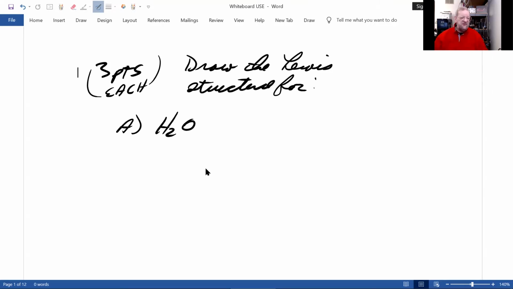And if you were to see it sometime on something I would send you called a test, it would say draw the Lewis structure for, and you'd say 3 points each, you'd see water. Well, I'm going to help you out. Hydrogen has 1 valence electron, and oxygen has 6 valence electrons. Remember, look at the periodic table. And now I'm going to give you some time to do that. Hit the pause button if you need more time.